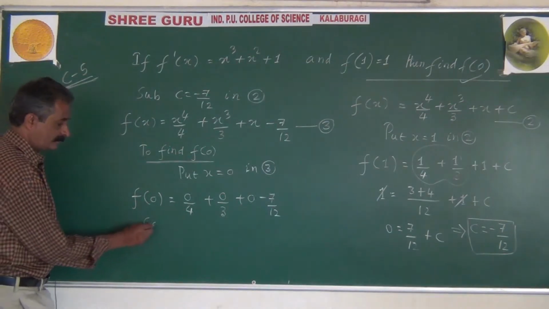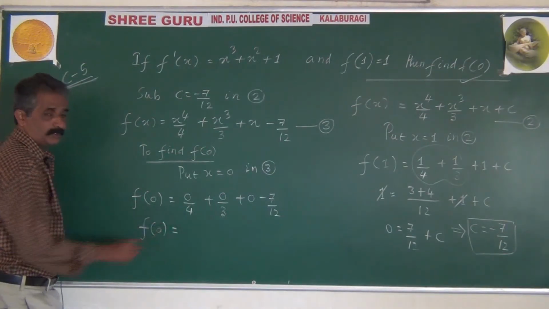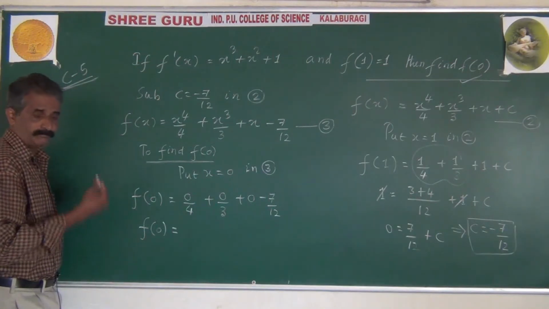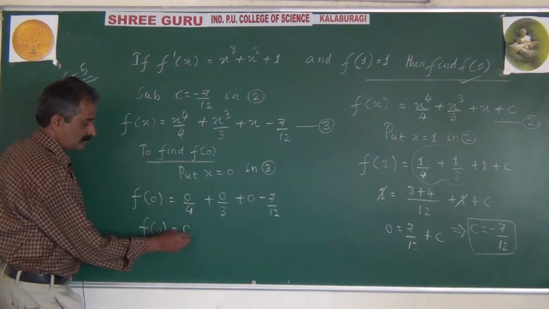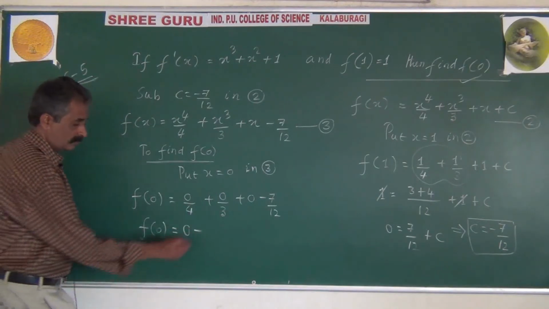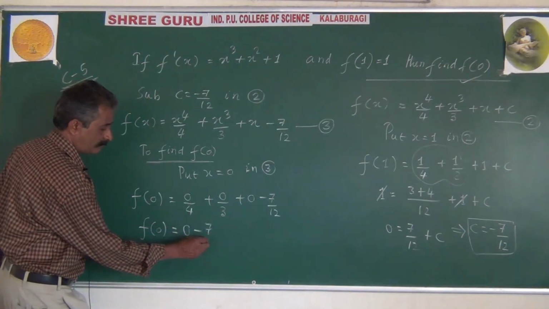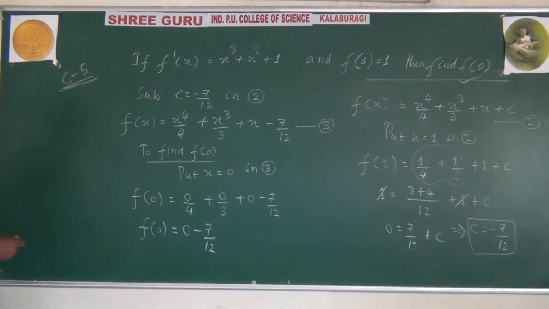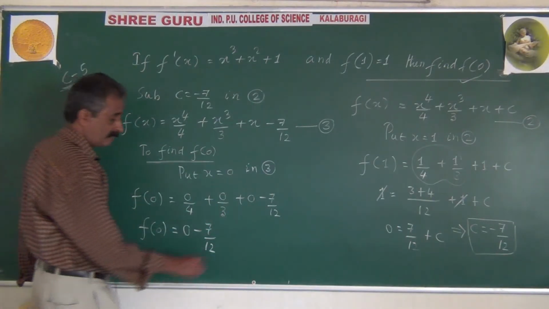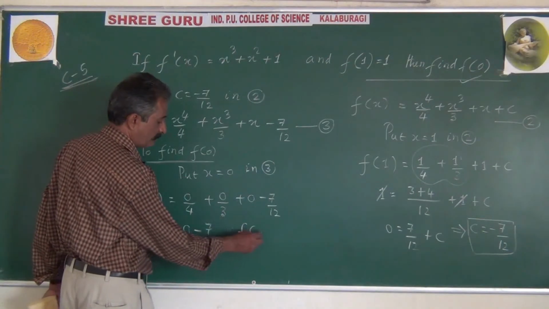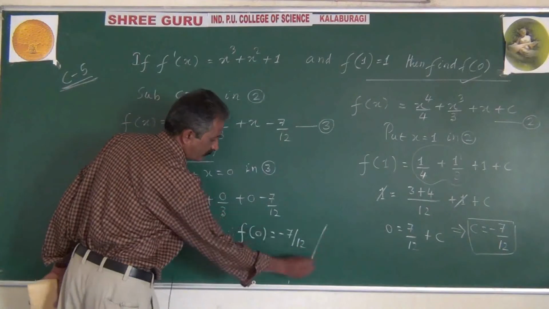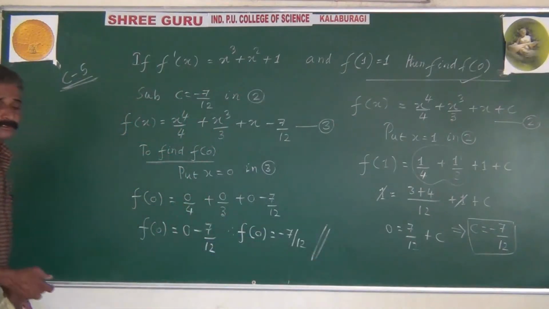So f of 0 equals 0 by 4 is 0, 0 by 3 is 0, plus 0, everything 0 except minus 7 by 12. And finally, 0 minus 7 by 12 will be minus 7 by 12. That's the final answer for f of 0.